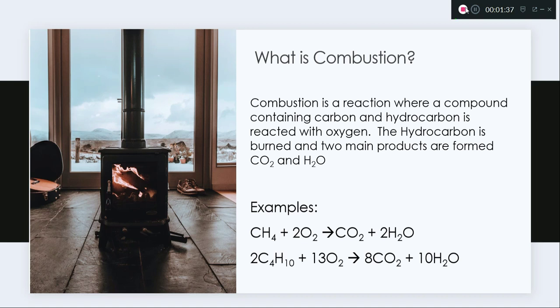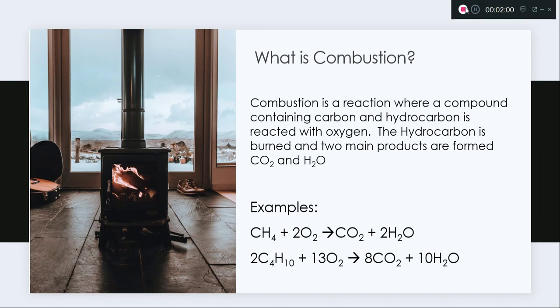But here's what I want you to notice, and here's the key part of a combustion analysis. All of the carbon from the hydrocarbon is reformed in the compound of carbon dioxide. And all of the hydrogen that is in the original compound is reformed into the water molecule.